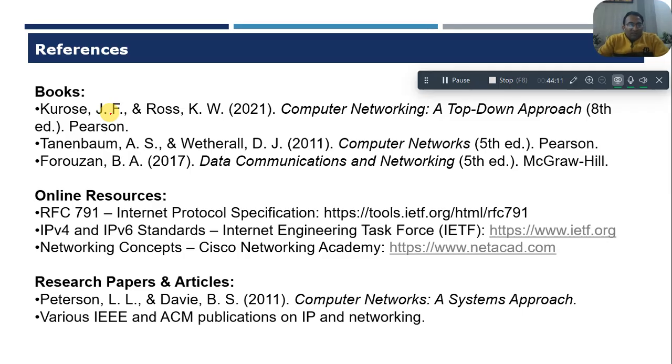And then we have Forouzan. For research papers, you can go for various IEEE and ACM publications on IP and networking. For online resources, you can go for the Cisco Networking Academy, which has very good material about computer networks. We are also using a simulation model, Cisco Packet Tracer, for doing all these works.